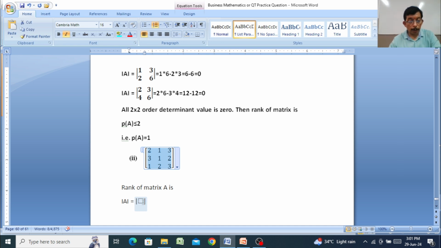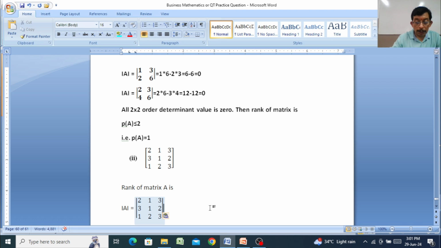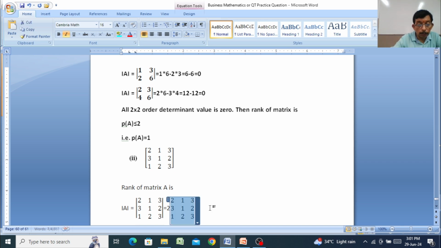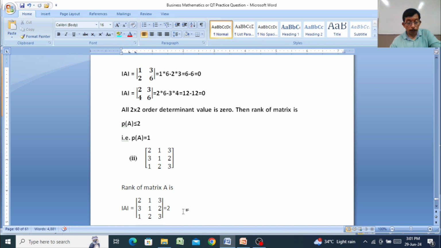The matrix is given here, note it down. Now expand the determinant according to the first row. Then we find the value of the determinant.